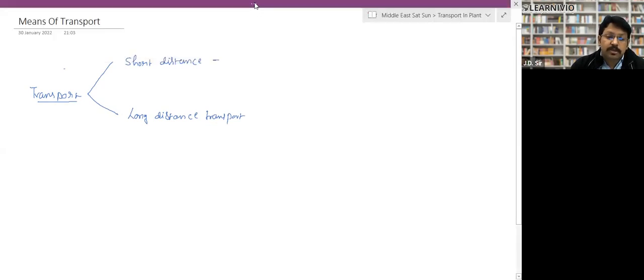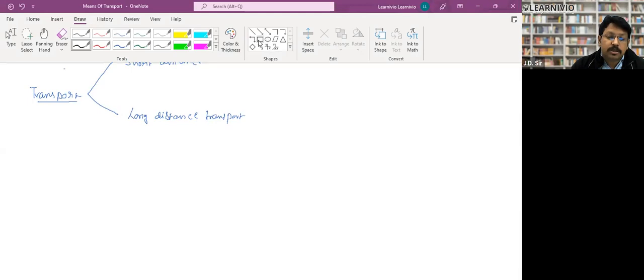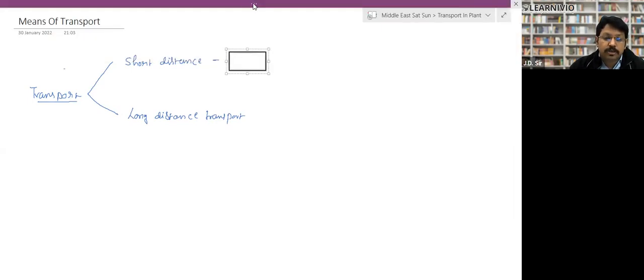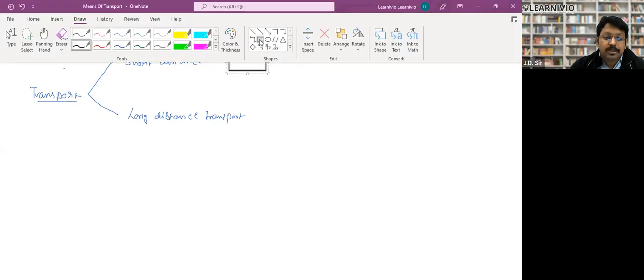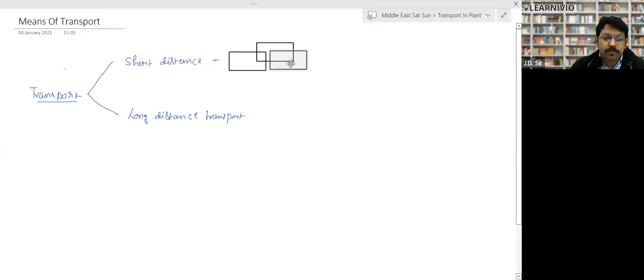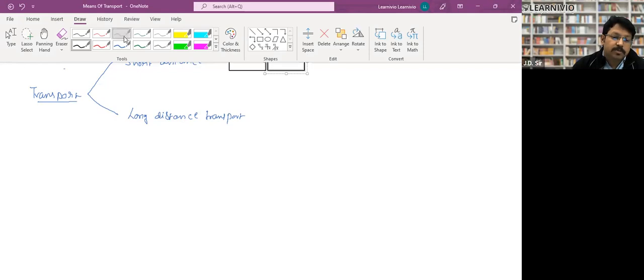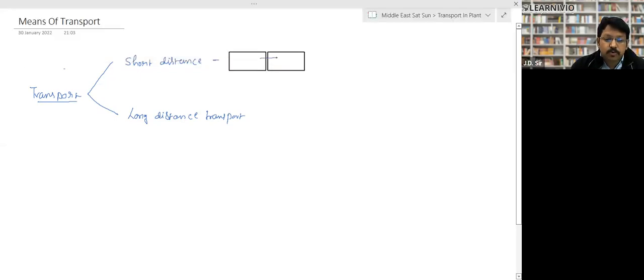So whenever we talk about the transport for the short distance, we are talking about cell to cell transport. For the sake of example, suppose that these are the two cells and transport is taking place from one cell to another cell. So how does the transport take place?